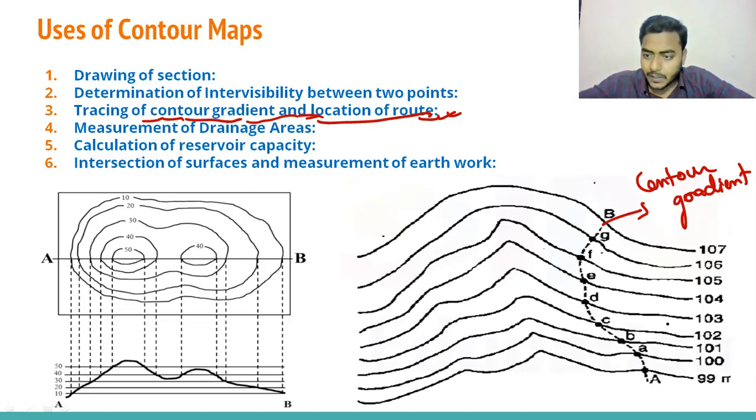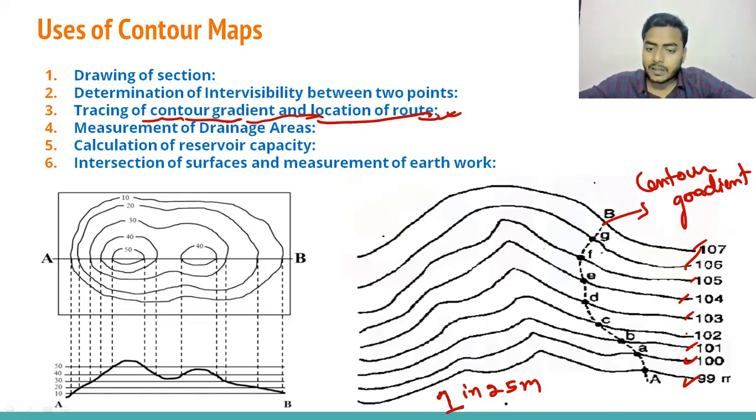So now you can see in the figure the contour lines, with 99 meter, 100 meter, 101 meter, 102 meter, okay, 103 meter, 105, 106, 107. So I'm going to draw a constant inclination. Let's assume that 1 in 25 meter on the ground, right?